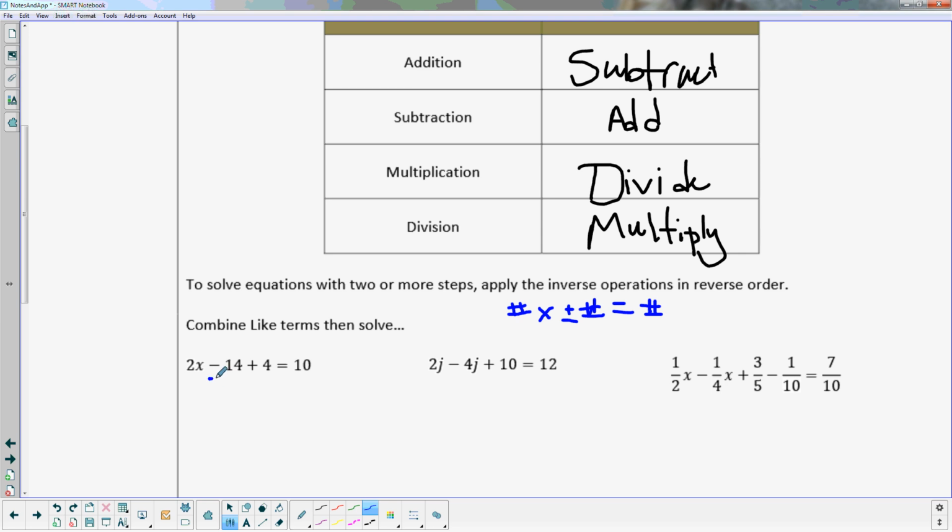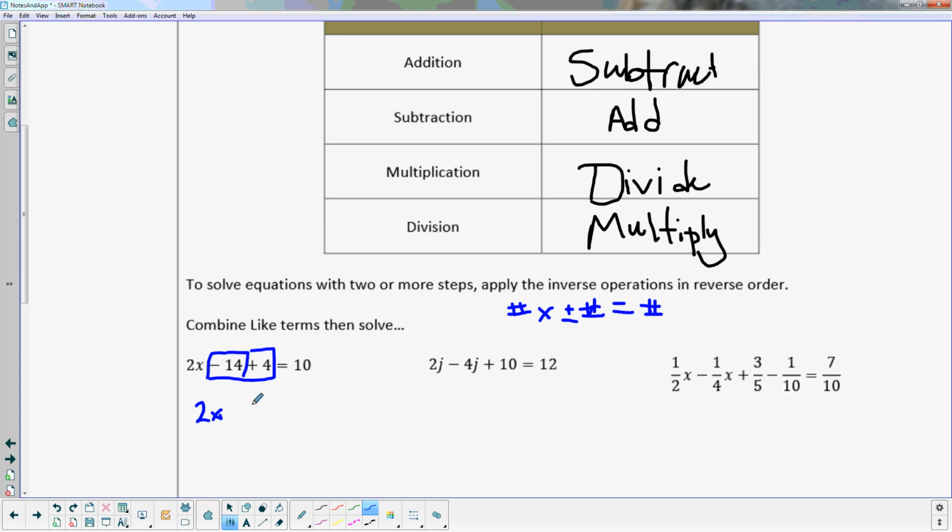So on this first one, I noticed that on the same side I have a negative 14 and a positive 4 that don't have variables. That idea is considered combining like terms. So when I have the 2x, the way I think of this is I have these two objects, this negative 14 and this positive 4, and I'm just going to smush them together.